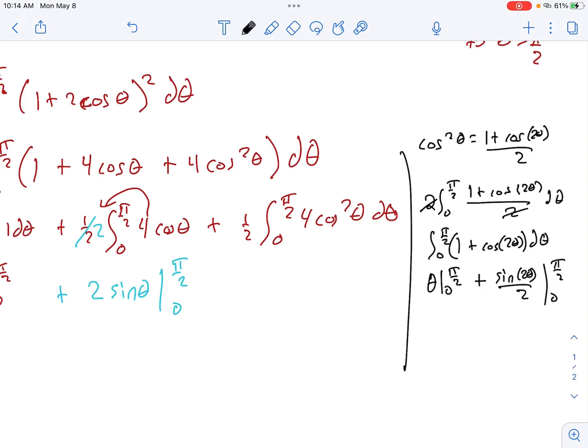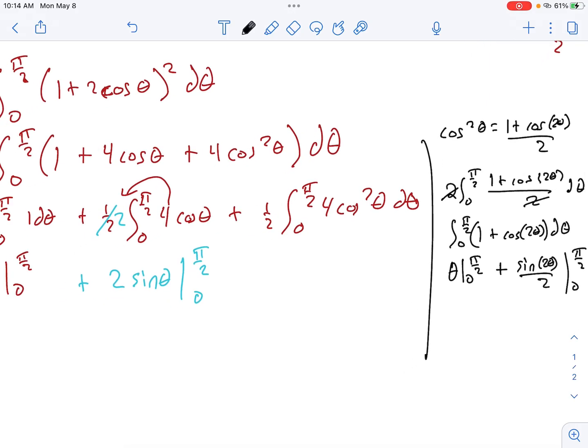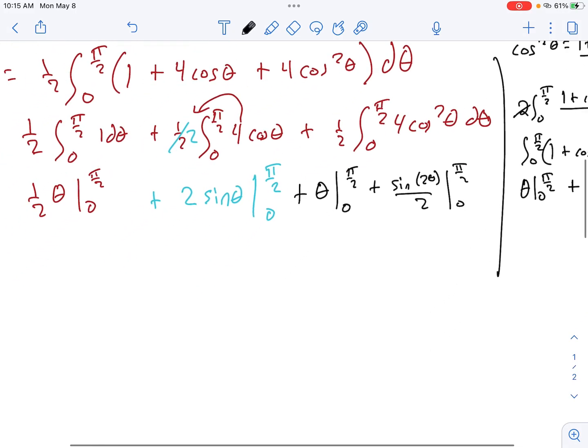If you're taking the derivative of sine 2 theta, that 2 coming out cancels out the 2 on the bottom. So putting it back into our problem, we should have plus theta evaluated from 0 to pi halves plus sine of 2 theta over 2 evaluated from 0 to pi halves.